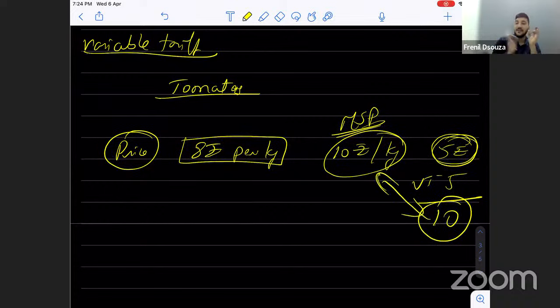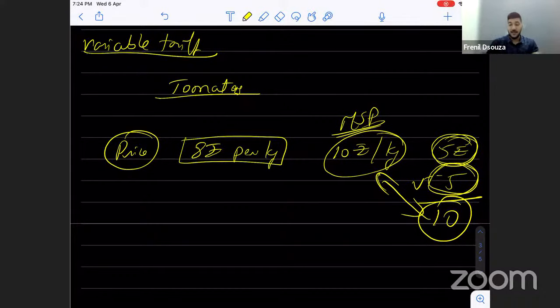So I will make the vendors indifferent between importing and paying the minimum support price to the farmers in India. This tariff, which is charged differentially, is called the variable tariff. That 5 rupees is called the variable tariff. I hope you understood that point.